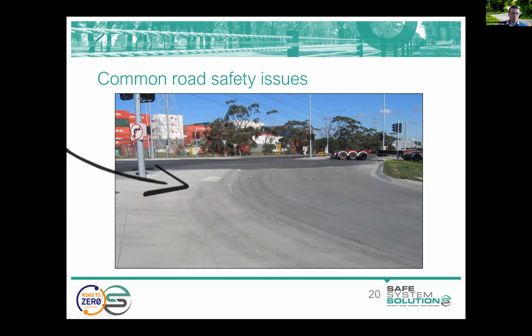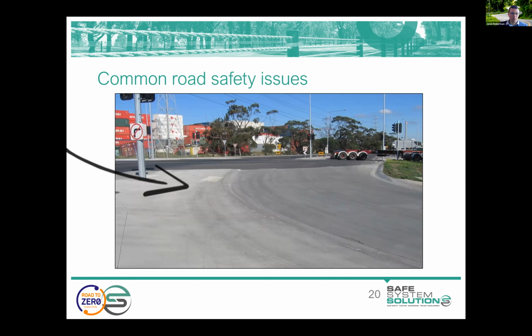Here's another example, and you can see by the tyre marks that trucks have been significantly encroaching this raised island. Perhaps there's not enough space, but perhaps there are other things at play.